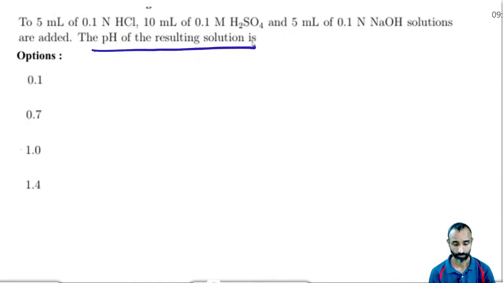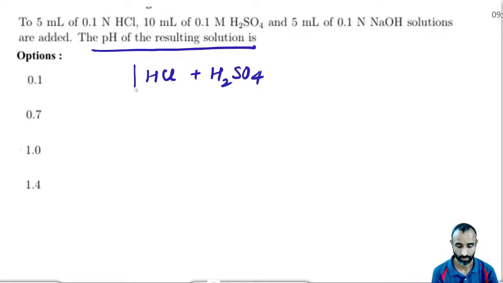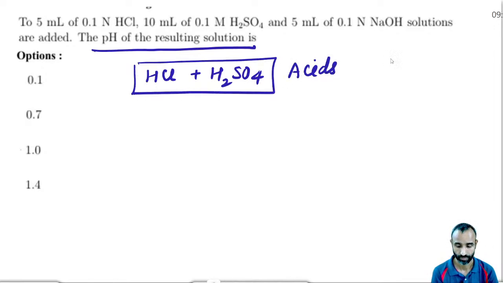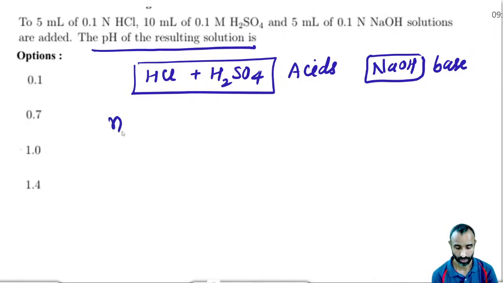So see, we have HCl and H2SO4 acids, and NaOH base. So let us calculate first the number of moles of H plus ions.